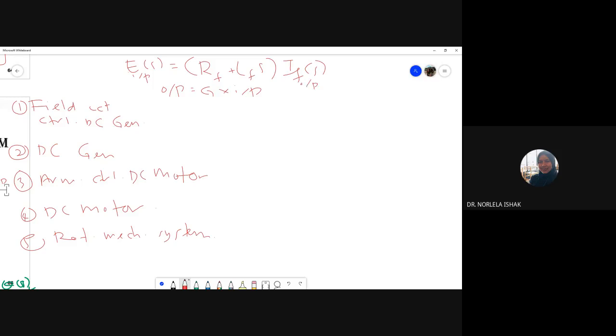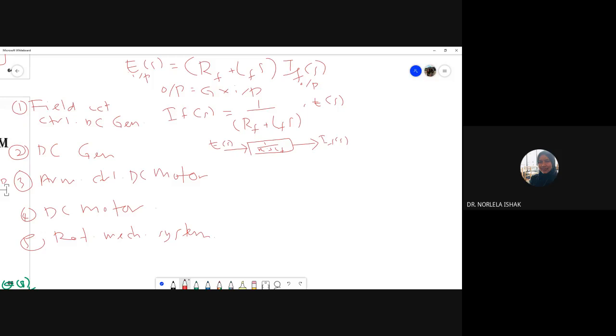So you have to rearrange: I_F(S) equals 1 over (R_F plus L_F S) multiplied by our applied voltage. Then write your block diagram: 1 over R_F plus L_F S, with this as our input and this as our output. Okay, that finishes our first subsystem.